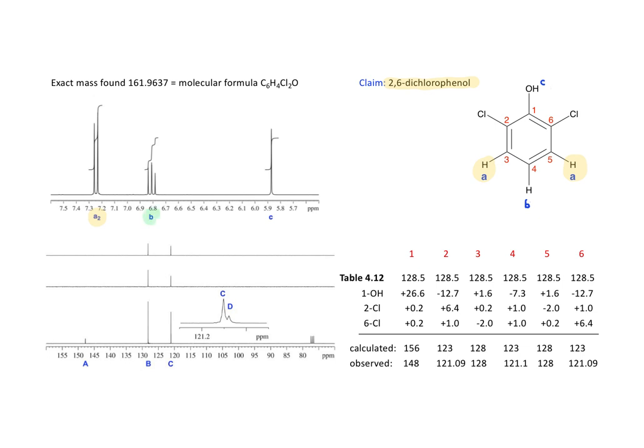The triplet, a 1H resonance, might then be the hydrogen at 4, and the remaining singlet, which is 1 hydrogen integration, could be the hydroxyl group of the phenol.